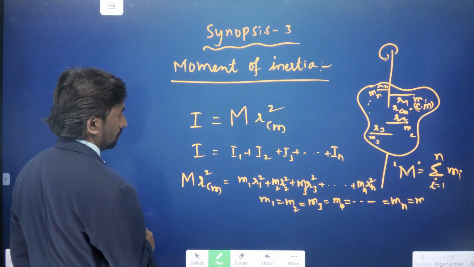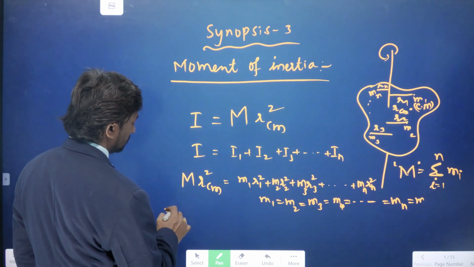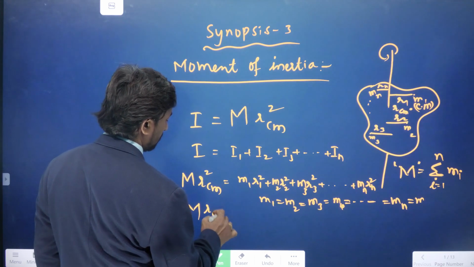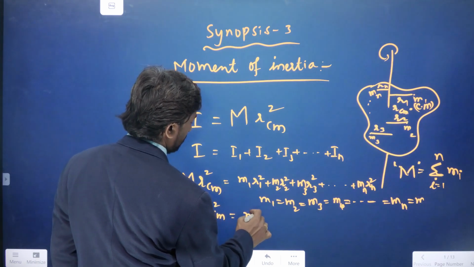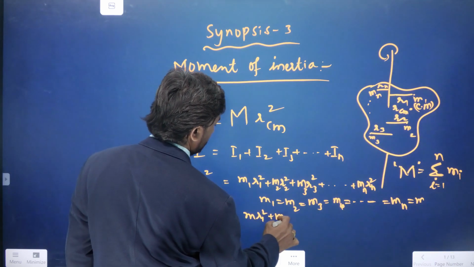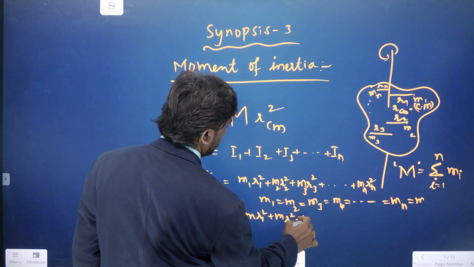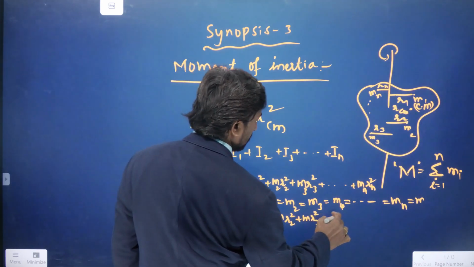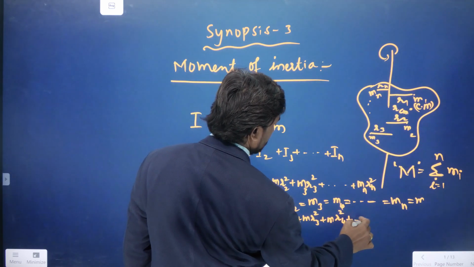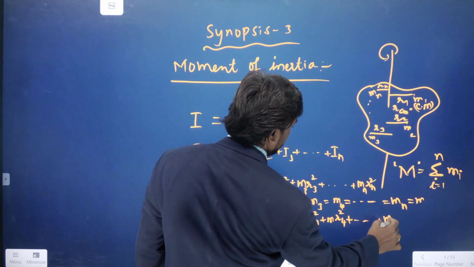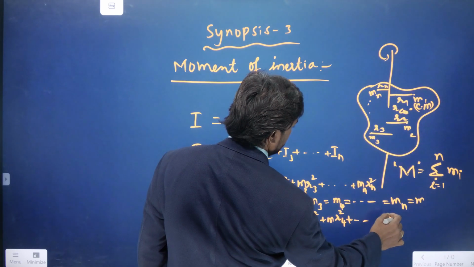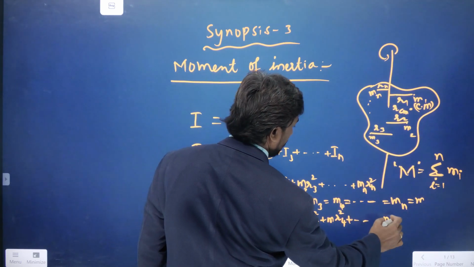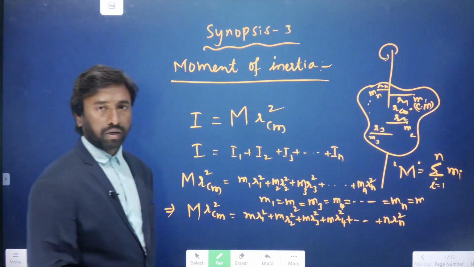So what happens here? Capital M into RCM square is equal to m into R1 square plus m into R2 square plus m into R3 square plus m into R4 square, and so on up to m into Rn square.